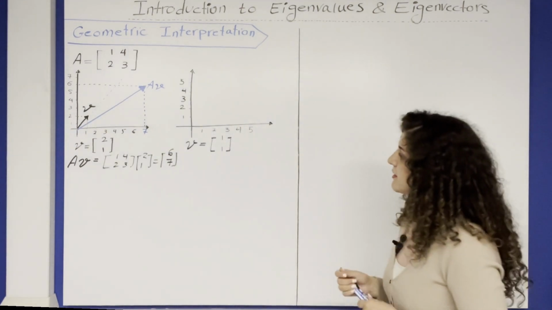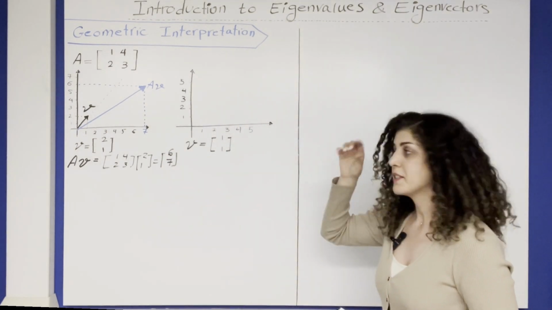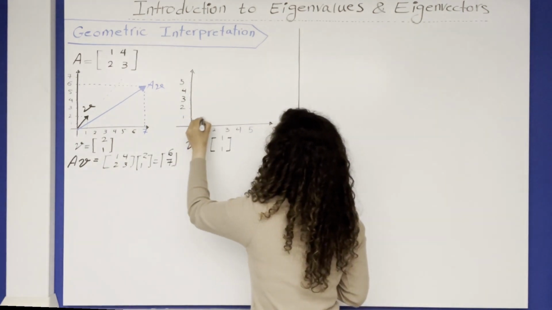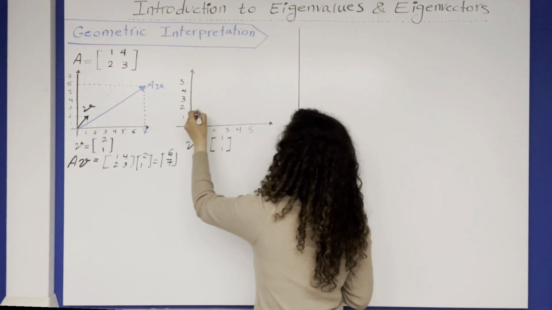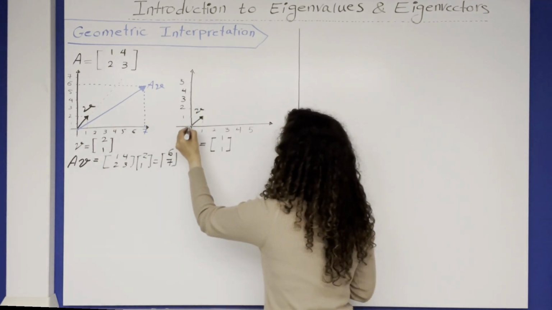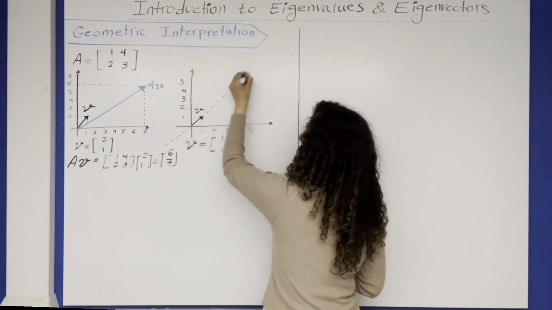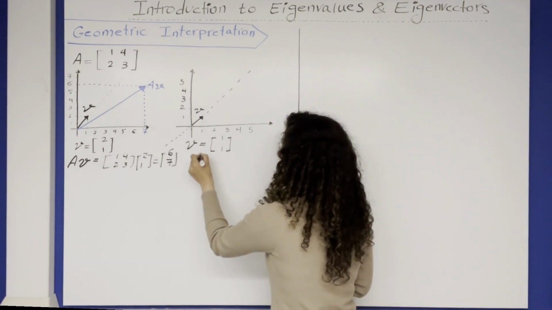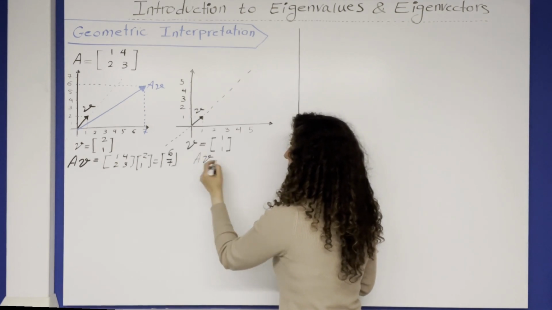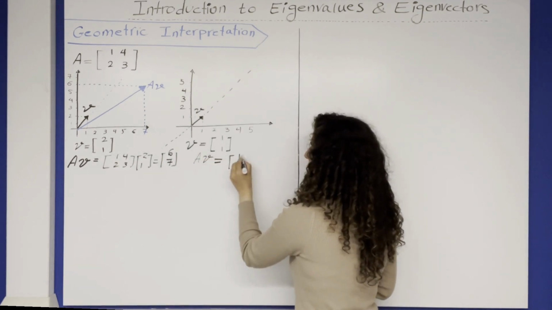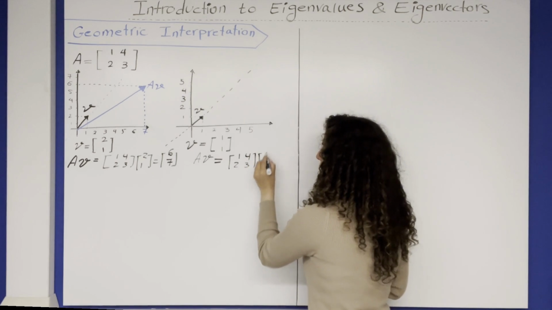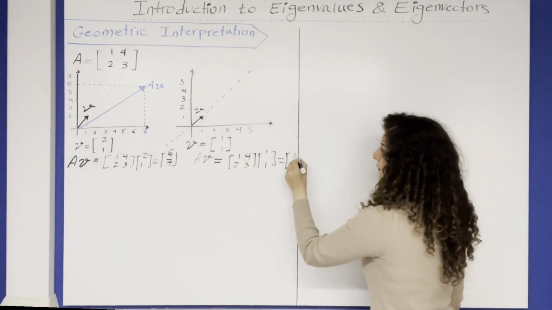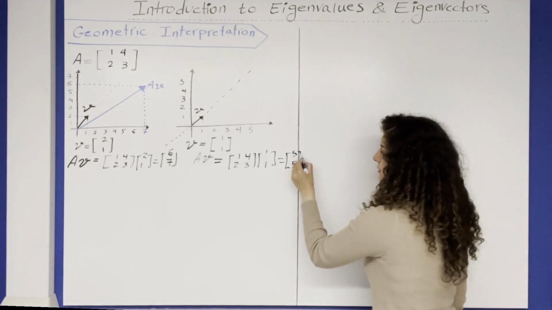All right, let's try this vector, vector 1, 1. So this is vector 1, 1. So this is vector V, and this is the line that vector V is on. And if we multiply matrix A by V, we are gonna get the vector 5 and 5.